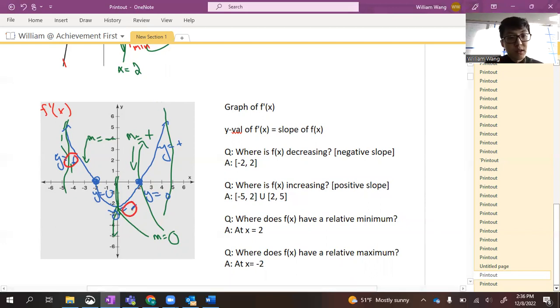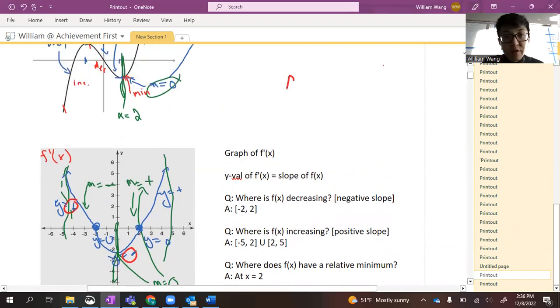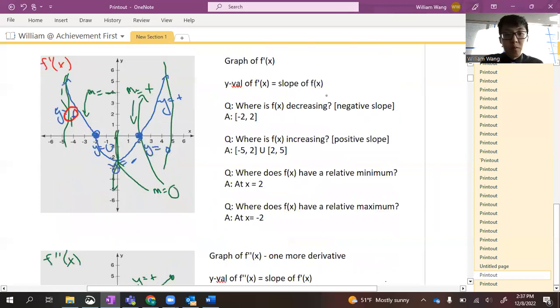And my y values are the slopes of f of x. So my slope of f of x would have gone from positive, so it's increasing, to negative, decreasing, which created a max. Right? Okay.